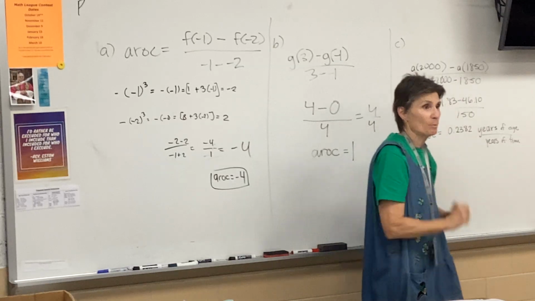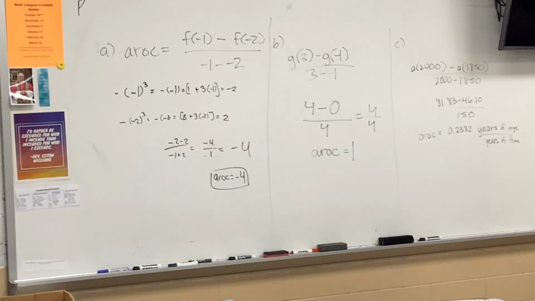But I love that you put a unit on that. Can't really put a unit on the other two because they have no context. But I love, everybody used the right letters. B used G, C used A, right on target. Perfect. Any issues there with anyone?